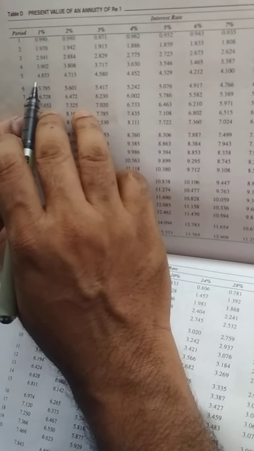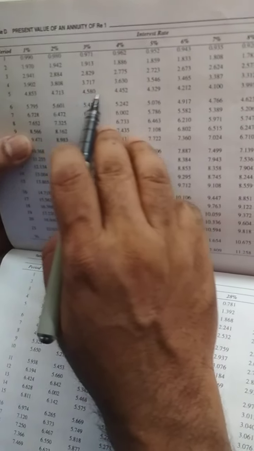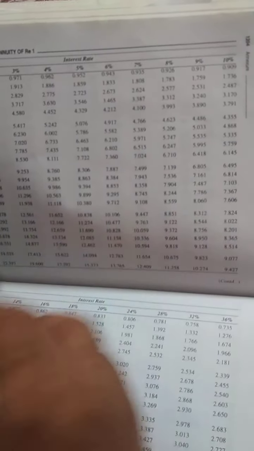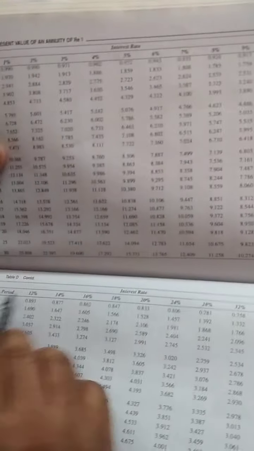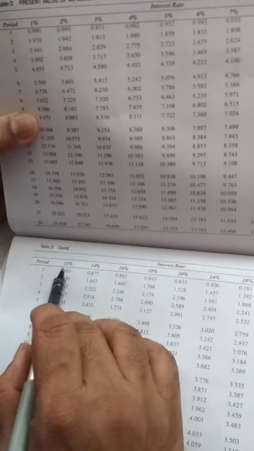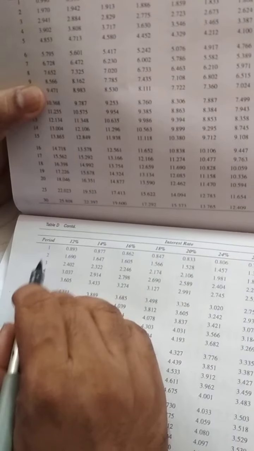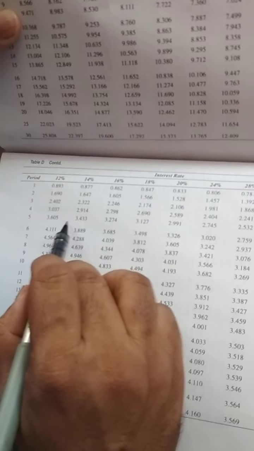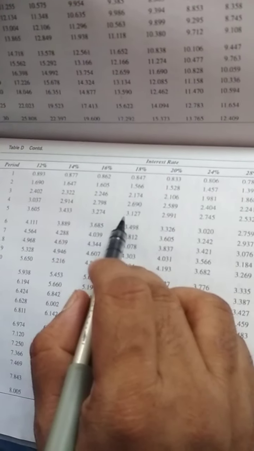The easy way is to check where 3.214 comes. Up to 10% we won't get 3.214, so we go to the next table, the continued present value of annuity of rupee 1 at different interest rates. Again taking the 5th year, we look for 3.214.